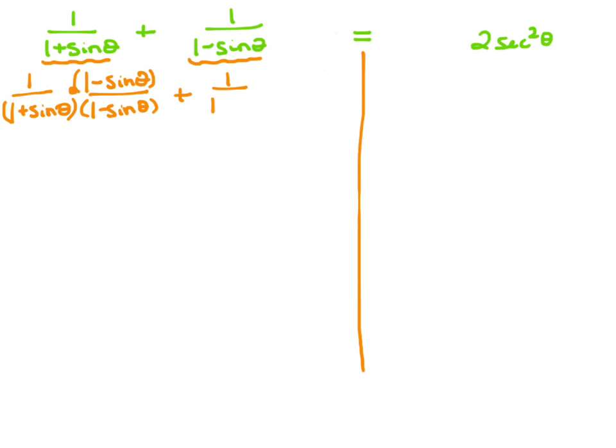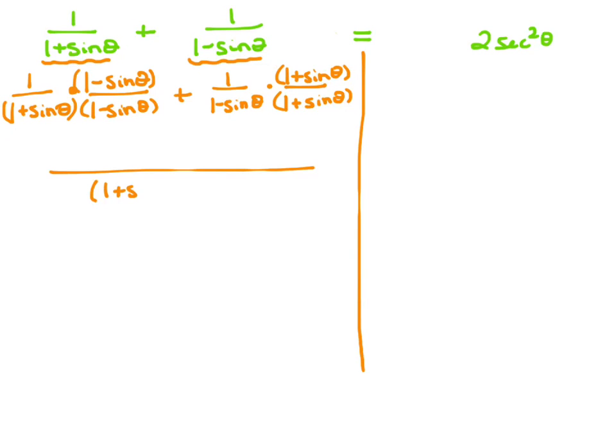Plus, in my next fraction, which is 1 over 1 minus sine theta, I need to multiply by 1 plus sine theta, same thing in the numerator and the denominator. So my common denominator is 1 plus sine theta times 1 minus sine theta. In the numerator, I have 1 minus sine theta plus the numerator of the second part, 1 plus sine theta.